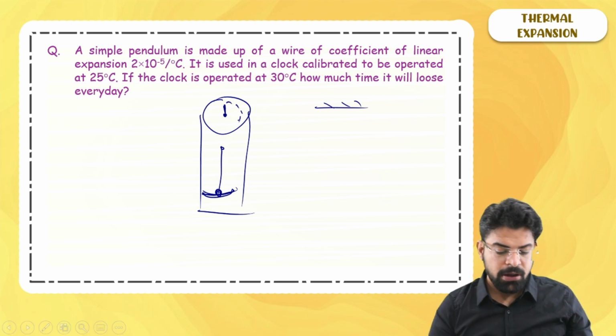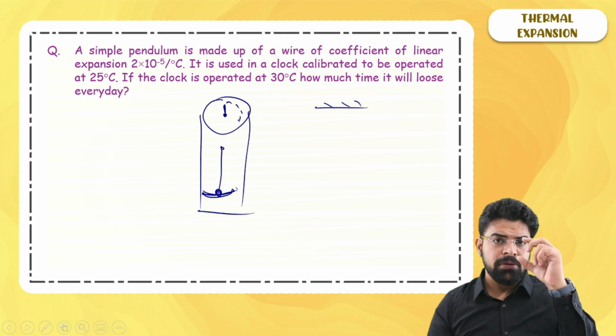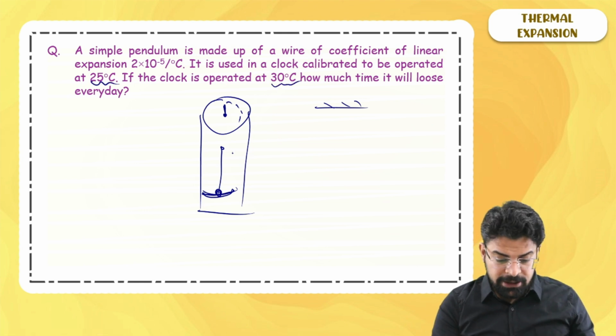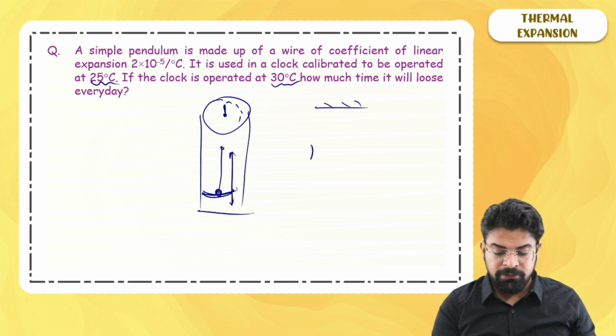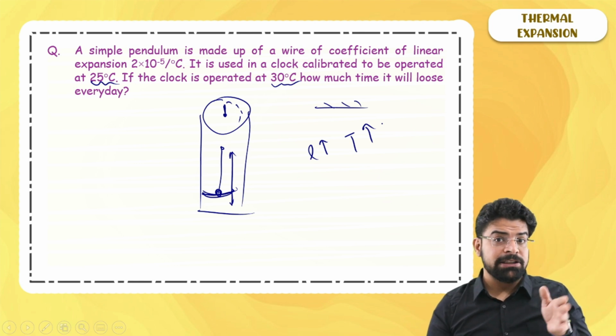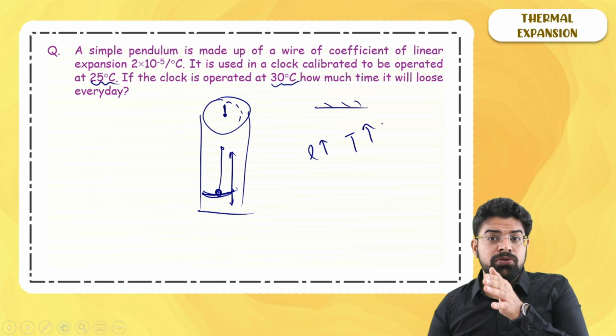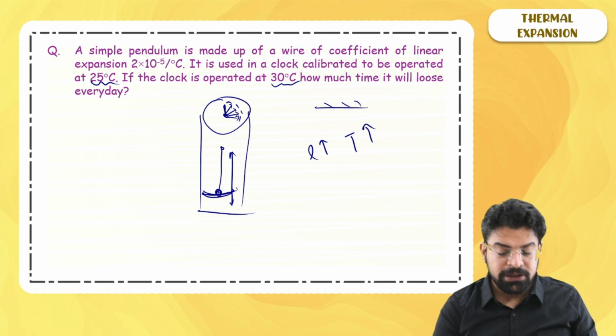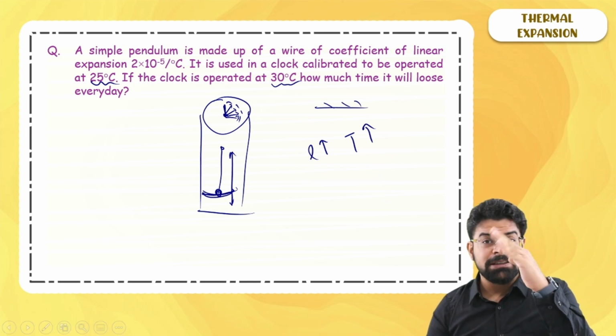Now, when you increase the temperature from 25 to 30, the length of the wire increases. When the length of the wire increases, the time period increases. As the time period increases, the gap between two successive ticks increases. As the gap between two successive ticks increases, we know that the grandfather's clock is slowing down.